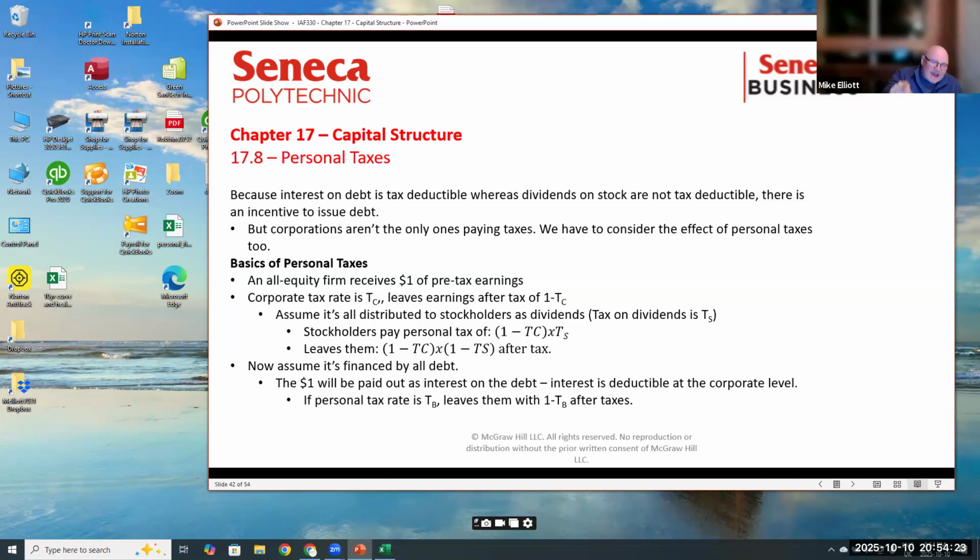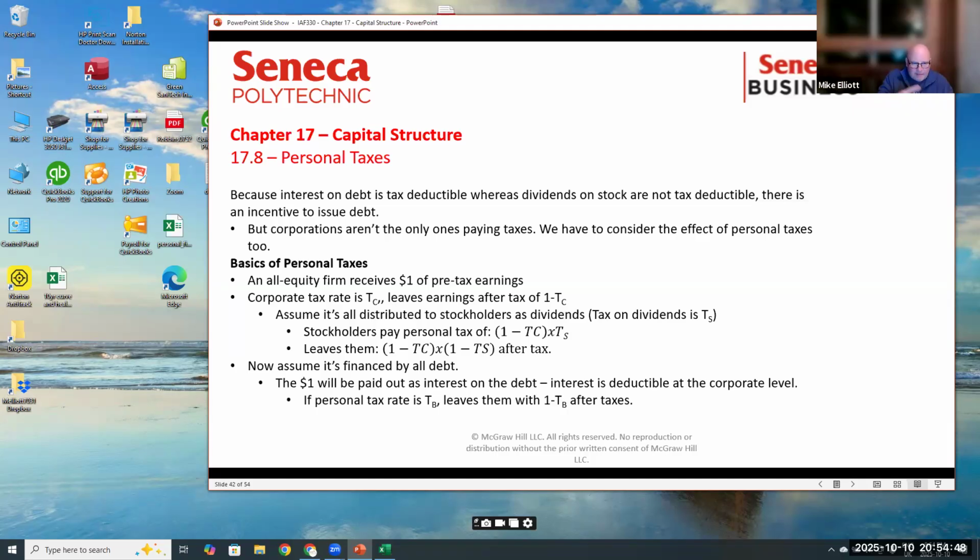Assume there's a tax on those dividends of TS. So stockholders are going to pay a tax of 1 minus the corporate tax times their own tax. That leaves them with 1 minus the corporate tax times 1 minus the personal tax after tax.